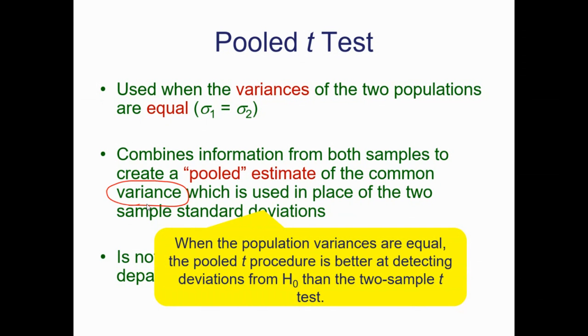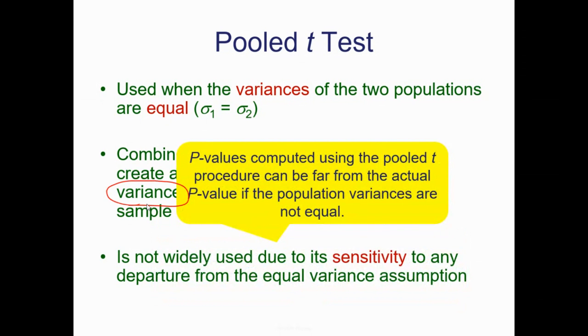However, as I mentioned, if they're not equal, p-values computed using the pooled t procedure can be far from the actual p-value if the population variances are not equal. So it's a really good estimate if they're equal. It's terrible if they're not.